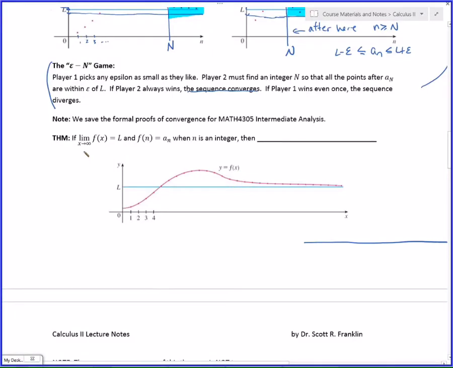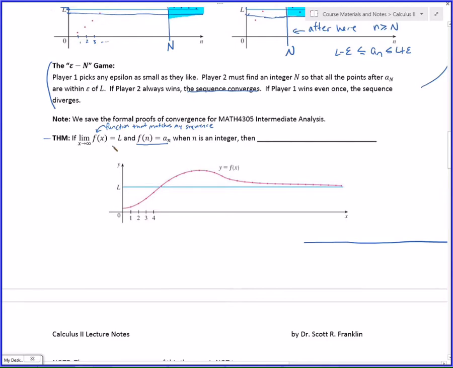All right, so where we left off last time, we're going to start talking about how we find the actual limit. So this first theorem here is where I want to start. If the limit of a function, notice this is a function, and the function matches my sequence, so a function that matches my sequence, that's what this says right here, then all I've got to do to take the limit of my sequence is to take the limit of my function.